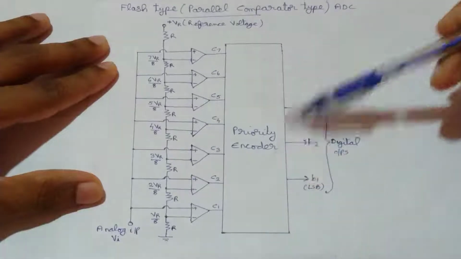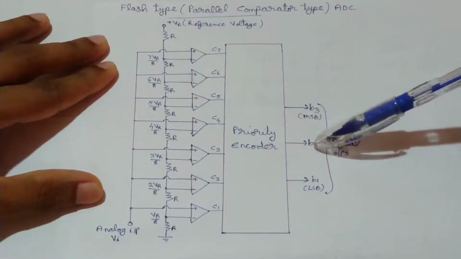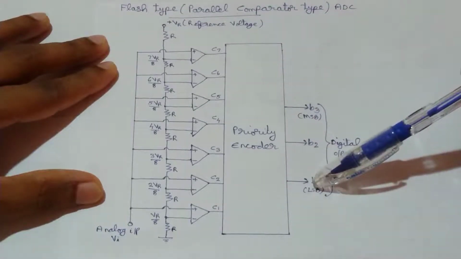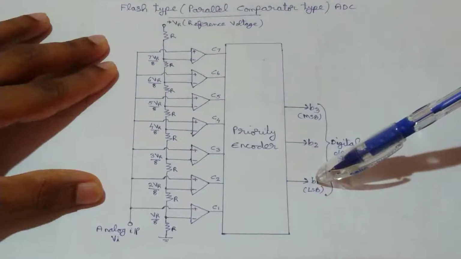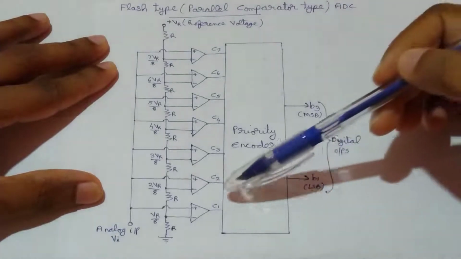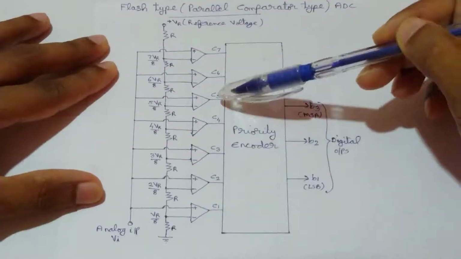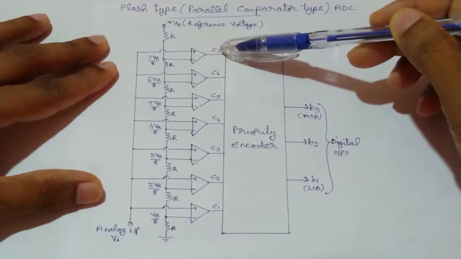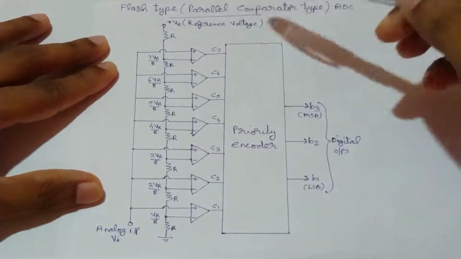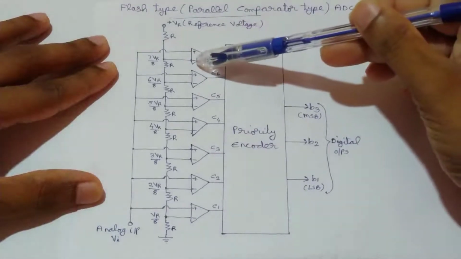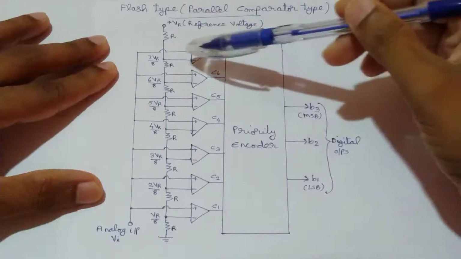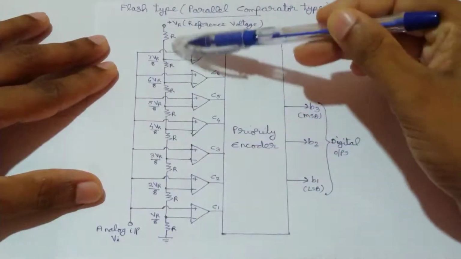So here we are considering a 3-bit digital output. So here we need 2 raised to 3 minus 1, that means 7 number of comparators are required. So here we can see we are using 7 number of comparators. Then to provide the reference signals, we are using this resistive network.